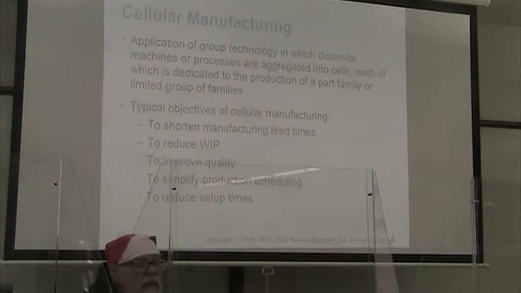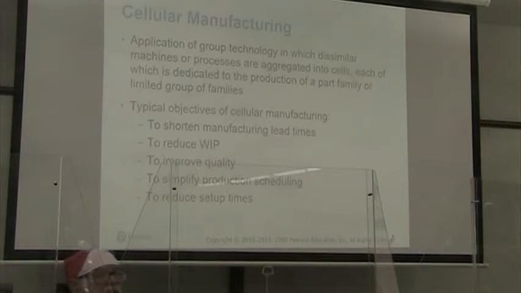So typically our objectives with cellular manufacturing are shortening our manufacturing lead times, reducing our work in process, improving quality, simplifying production scheduling, and reducing setup times. All noble goals, I'm sure you would agree.